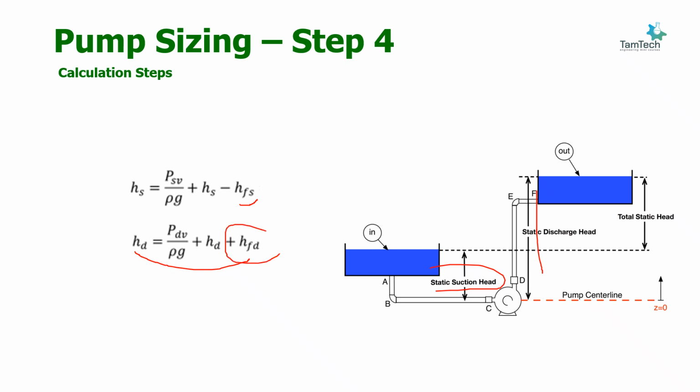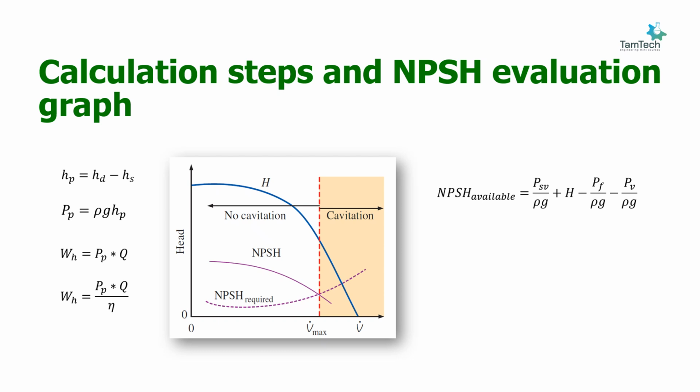We will find these two parameters and use them to find HP, which is pump head. Pump head is equal to discharge head minus suction head, and we multiply it by density and g in order to find pump total pressure. If they ask about pump power, we can use these two equations. Here it's equal to flow rate multiplied by pump pressure.